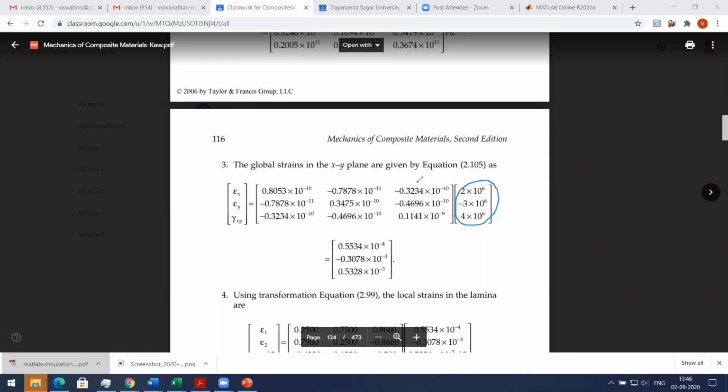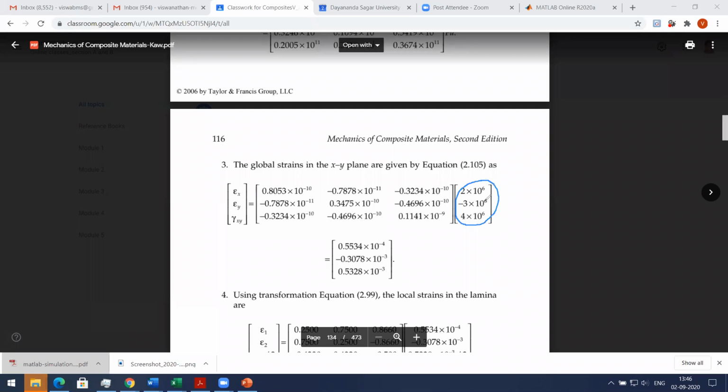One is in GPa inverse. This is GPa inverse, the compliance matrix, and this is MPa. So what should you do? You should either bring this to MPa inverse or bring this to GPa.